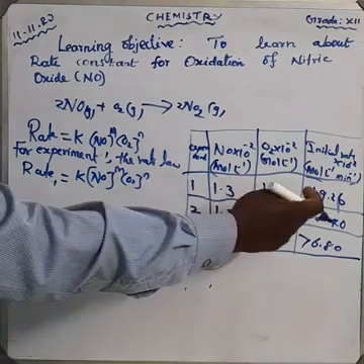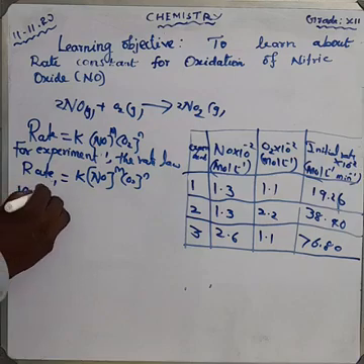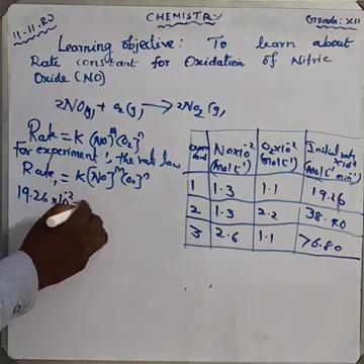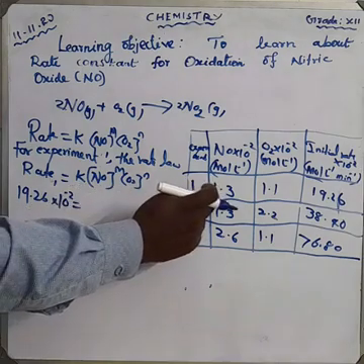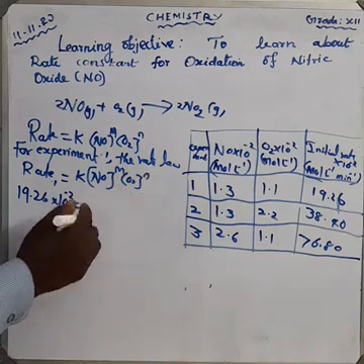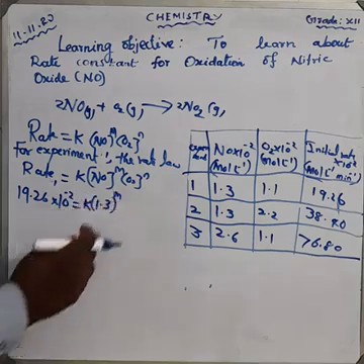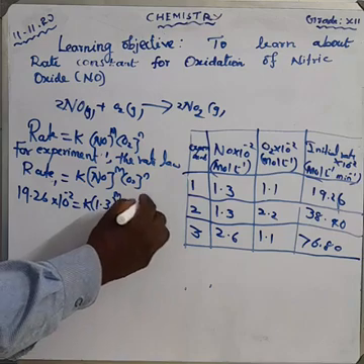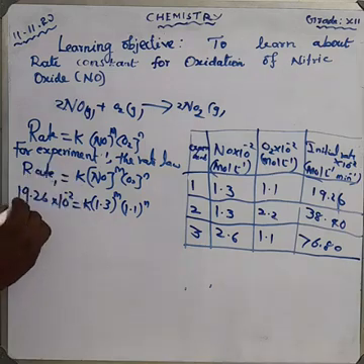What's the value for experiment number 1? 19.26 into 10 raised to minus 2 equals K into, for the NO value, 1.3 raised to m, and for the O2 value, 1.1 raised to n. Clear?